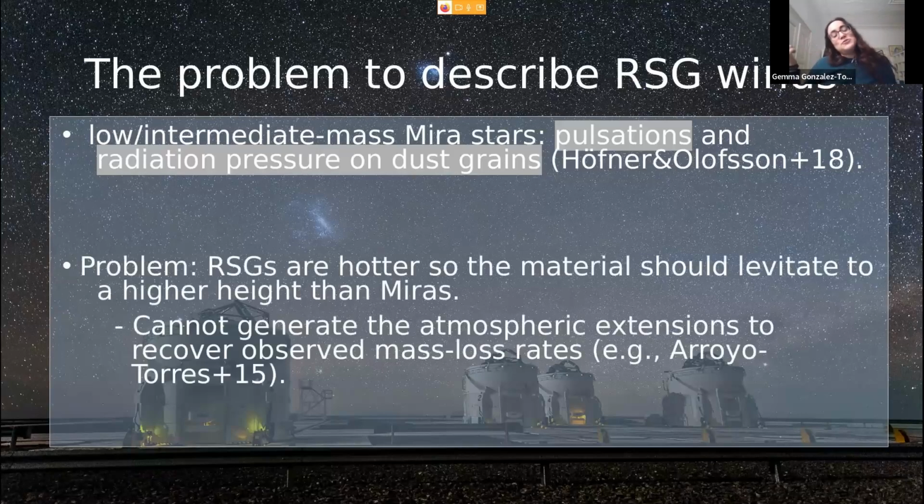However, red supergiants are way hotter and way bigger, which means that pulsations alone are not enough to levitate the material or to explain this stellar wind. So we cannot reproduce for now the extensions that we see in red supergiants.